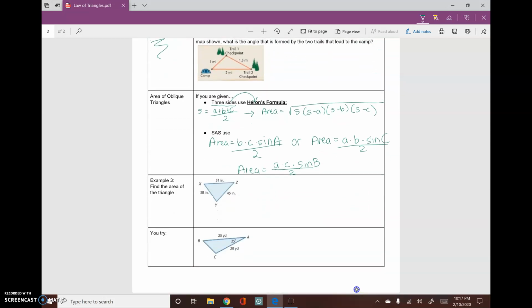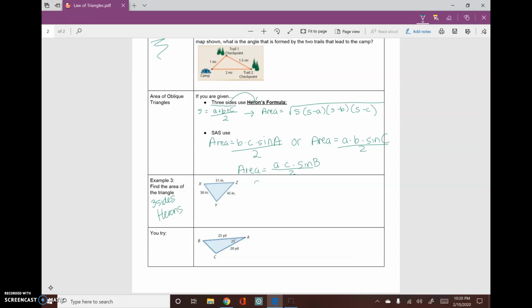We're finding the area of the triangle. I have side, side, side. That means I have to use the first formula, because we have 3 sides. So we will be using Heron's formula.